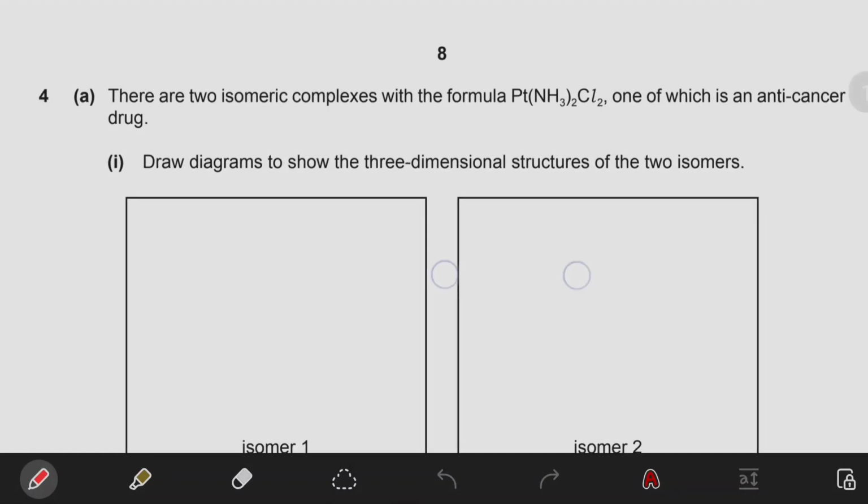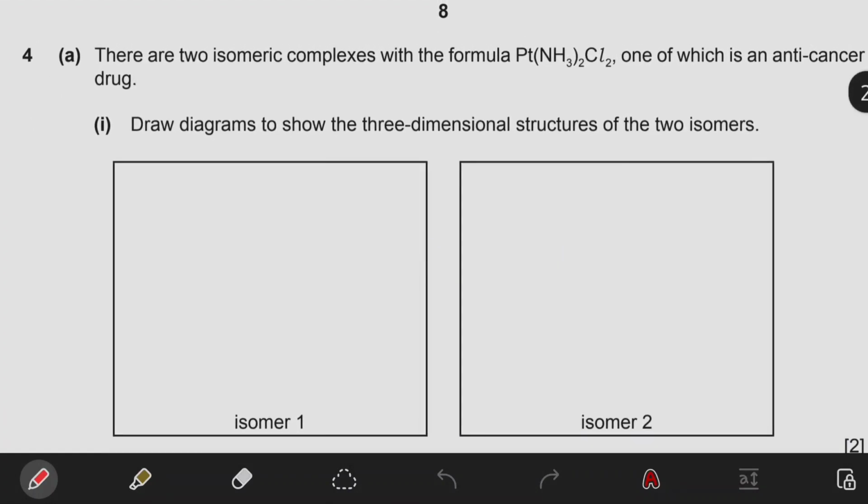Question number 4. There are two isomeric complexes with this formula, one of which is an anti-cancer drug. Draw diagrams to show the three-dimensional structures of the two isomers. Obviously this will show the geometrical isomerism, which is cis-trans.